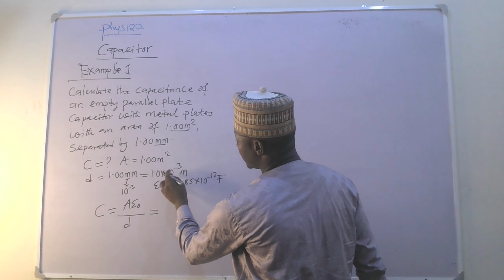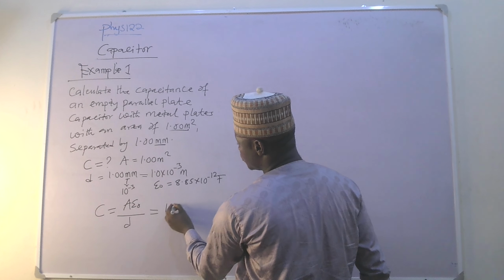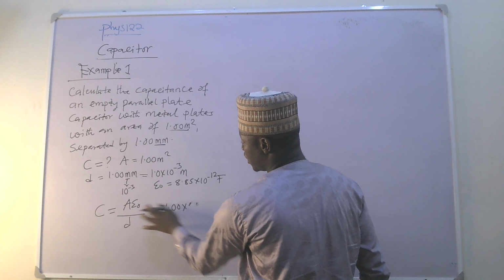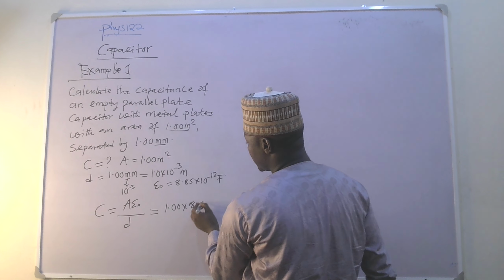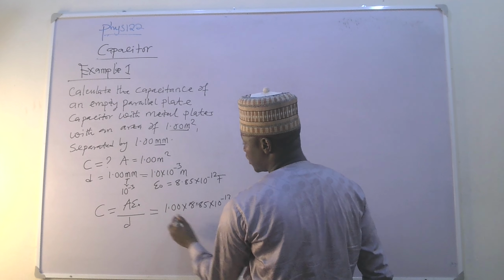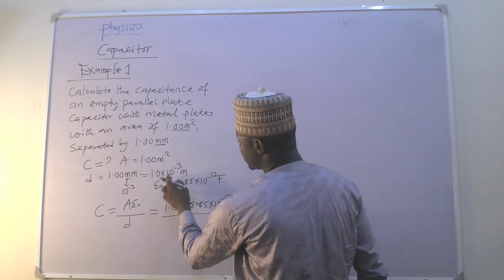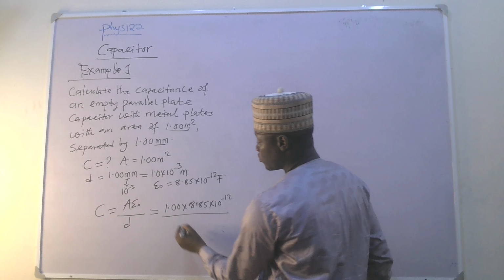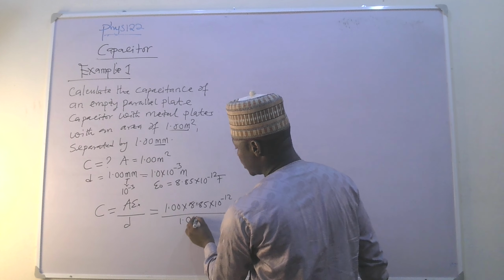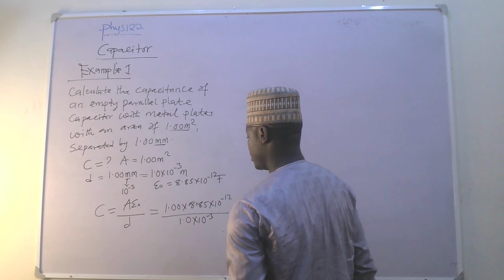So the area here is given as 1.00, times epsilon, which is 8.85 times 10 raised to the power of minus 12, and then divide by the distance here, which is given as 1.0 times 10 raised to the power of minus 3.